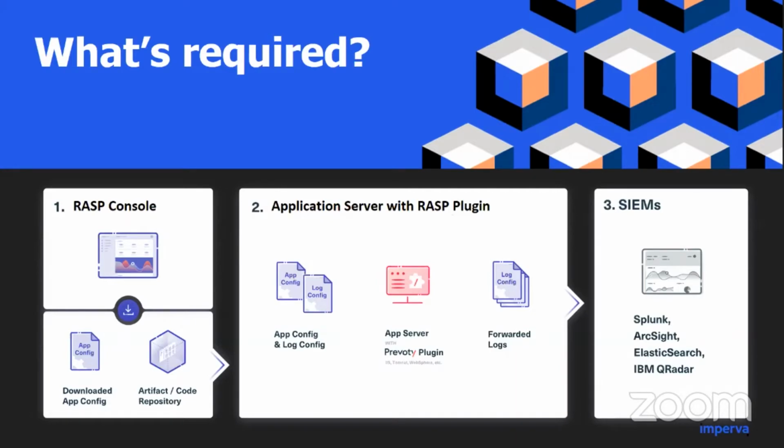Now, RASP will only write when it detects an exploit. So this is not a log file or a report that is going to fill up massively in the same way that some of your security scanning tools will. What this report will give you is a very detailed insight into any attacks, and you'll be easily able to see what they are.